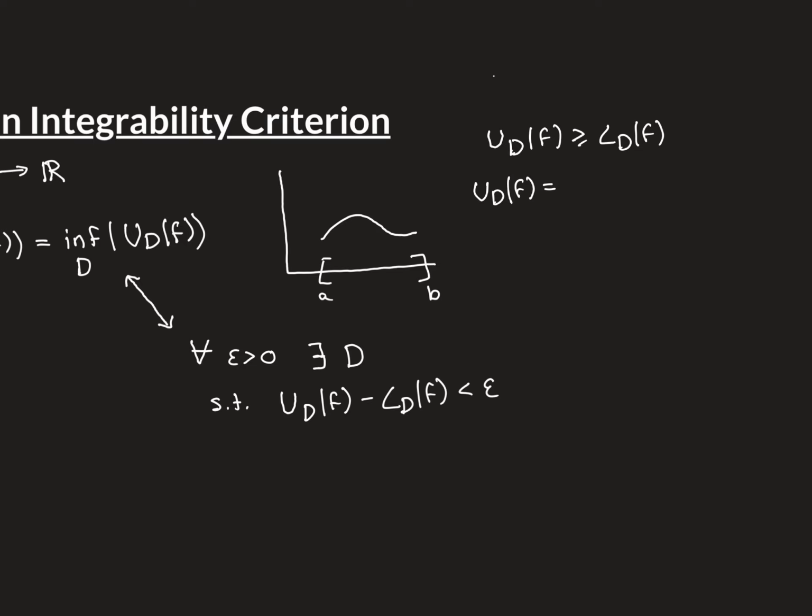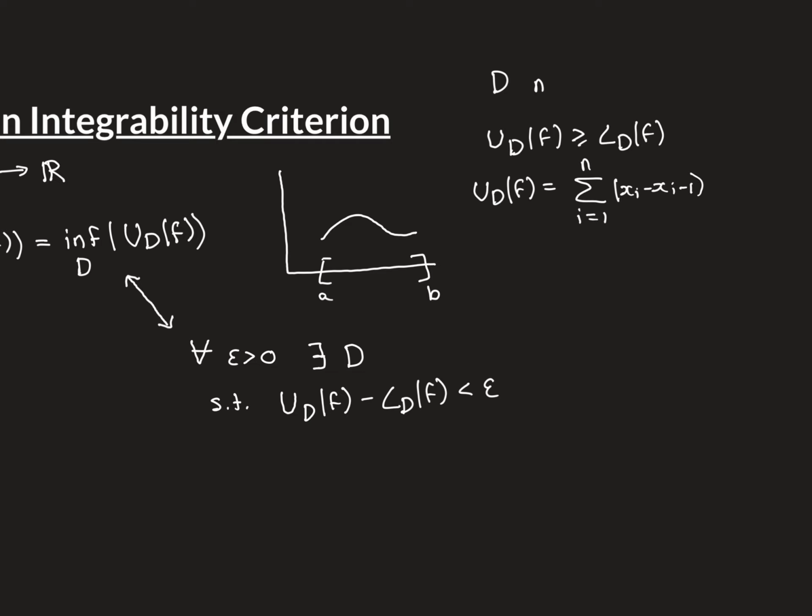If we have our dissection D, and let's say it fragments the [a, b] interval into n pieces, then the upper Riemann sum is the sum from i equals 1 to n of the following.